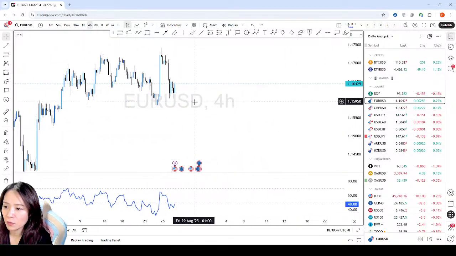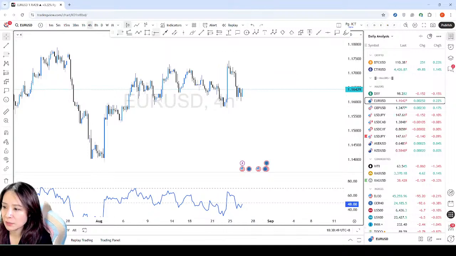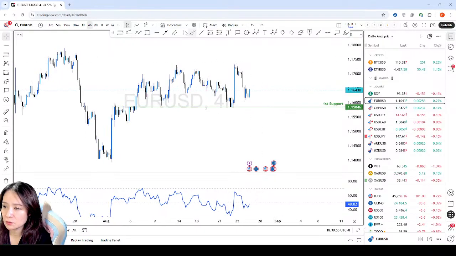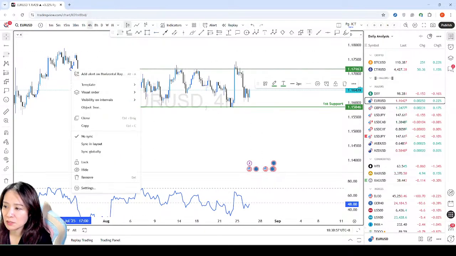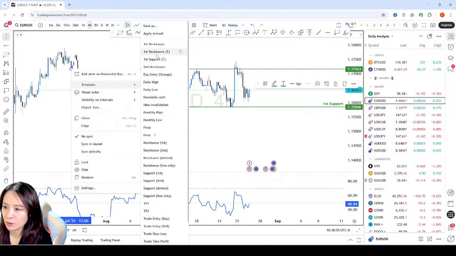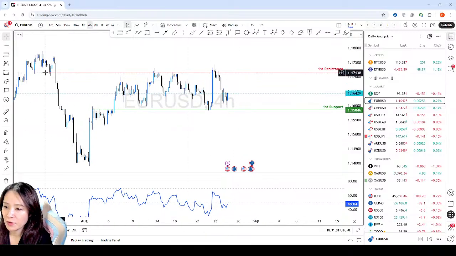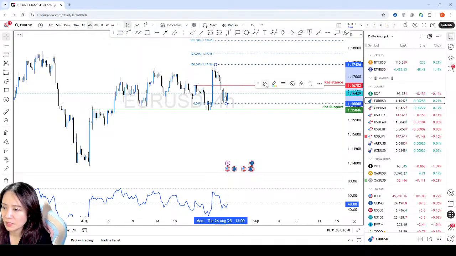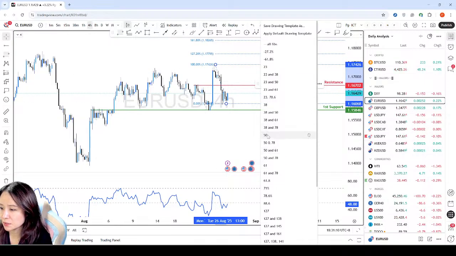Any questions? So this is going to be my key level. I'm going to give you the key levels. The first support is going to be the same here for the EU. So basically EURUSD is ranging. It's sideways based on the lower time frame, but I may consider selling here. That's how many percent? Should be 50%.